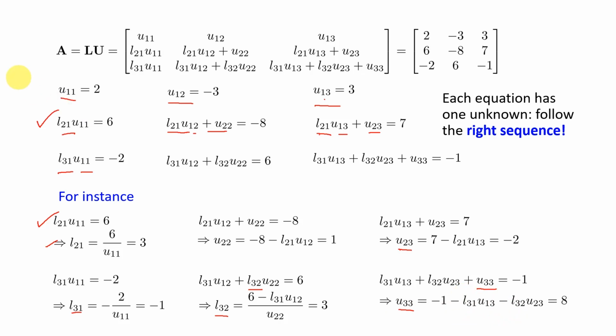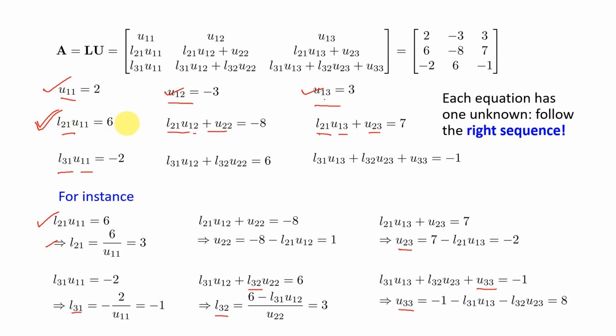So you can either use the first row, which is anyway super simple. There is no problem here in the first row, U11, U12 and U13, and then you come to column 1, row 2. Once you have column 1, row 2, you can decide which way you want to go.